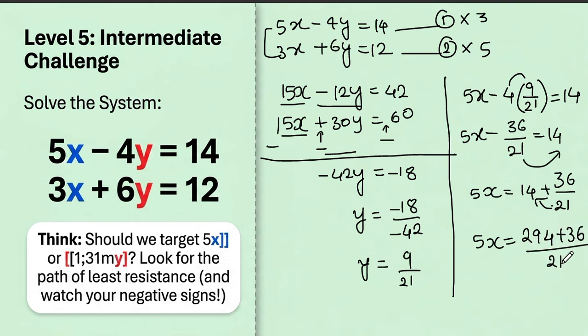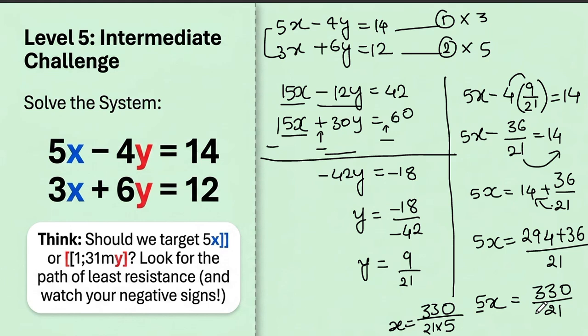If you add 294 plus 36, you will get 330 upon 21, and this side we have 5x. We want x only, so this 5 will go to the denominator. So x is equal to 330 divided by 21, and the extra 5 will come. So we'll get 330 divided by 21 into 5.